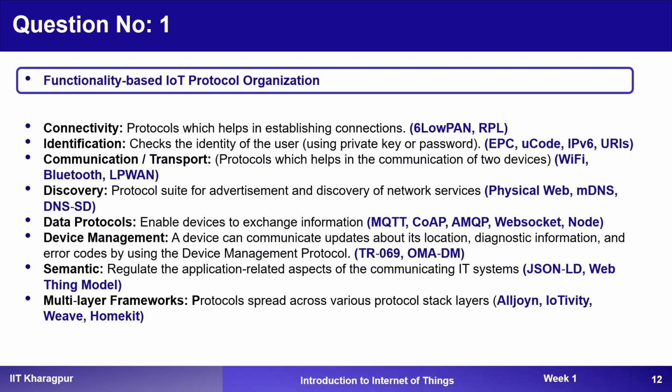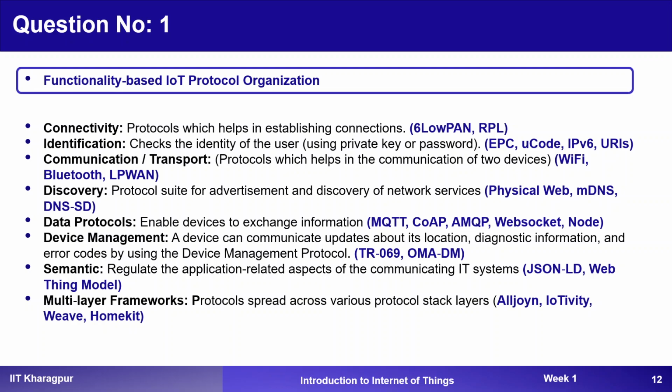Next one is discovery protocol. This discovery protocol is responsible for the advertisement as well as the discovery of various network services which are available. So network services can be DNS, as you have already learned in computer networks that DNS is used to provide domain names.